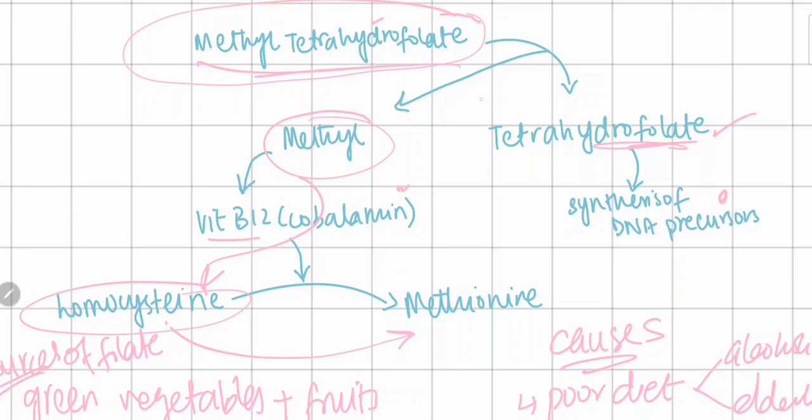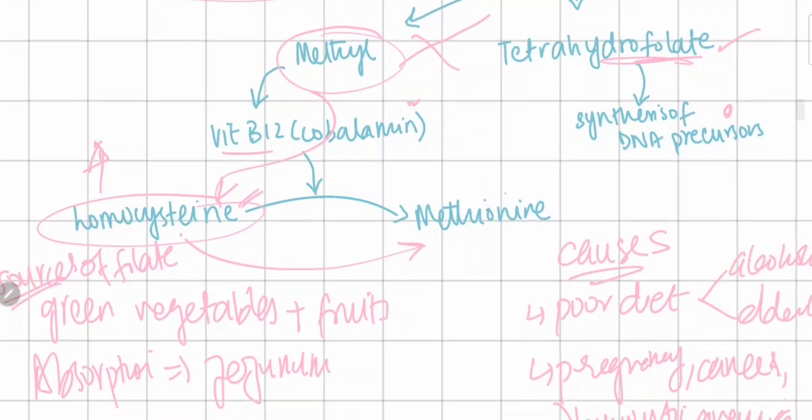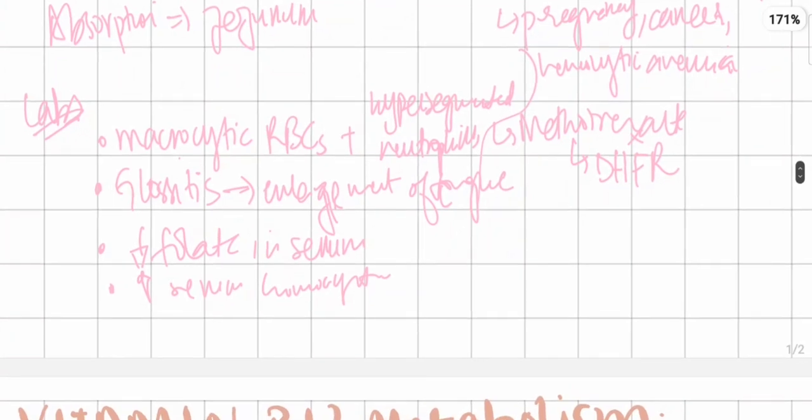So essentially you cannot give methyl to cobalamin, and that is not going to convert homocysteine into methionine. So you are going to have increased homocysteine, and increased homocysteine is going to increase your risk of thrombosis.